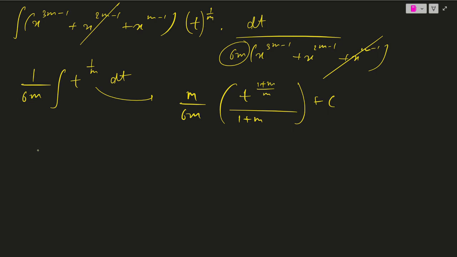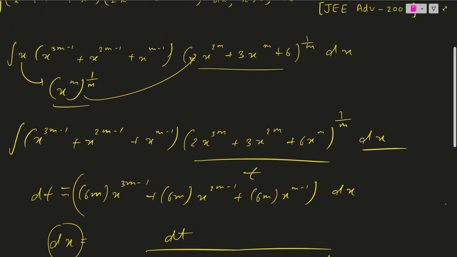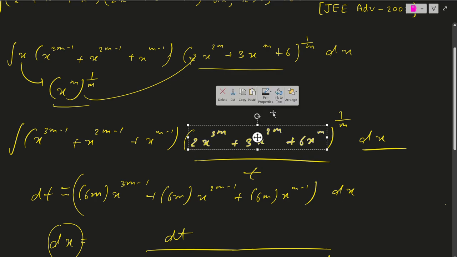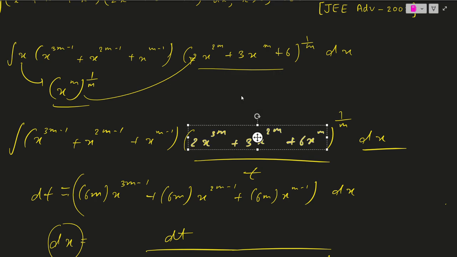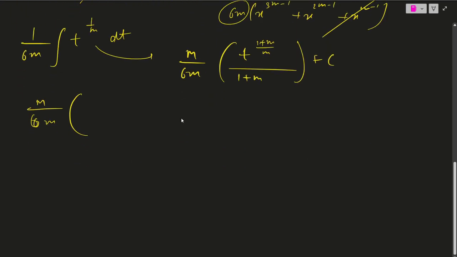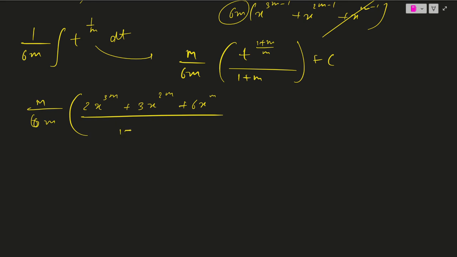Now we'll put the value of t here. Value of t is this, divided by 1 by m.